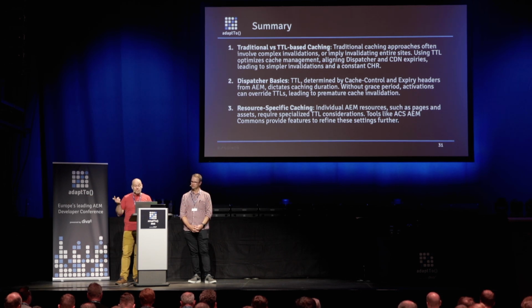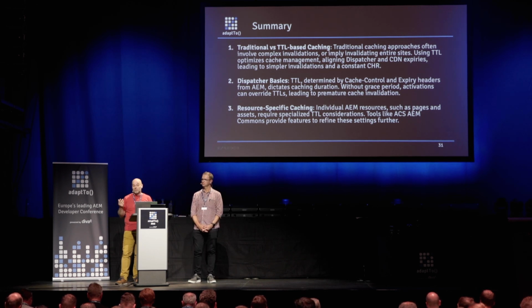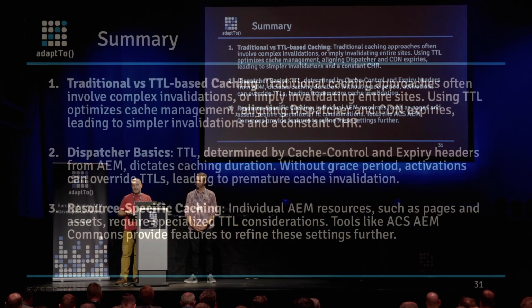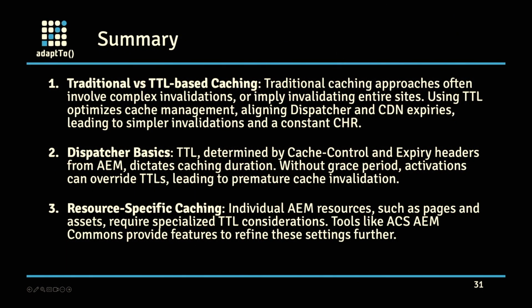And number two, you can use TTLs to expire earlier, but not to prolong. You need to set a baseline using grace period, or activations will still invalidate your cache immediately upon activation. And lastly, if you want to tweak handling of particular resources, there's plenty of tools to do that.